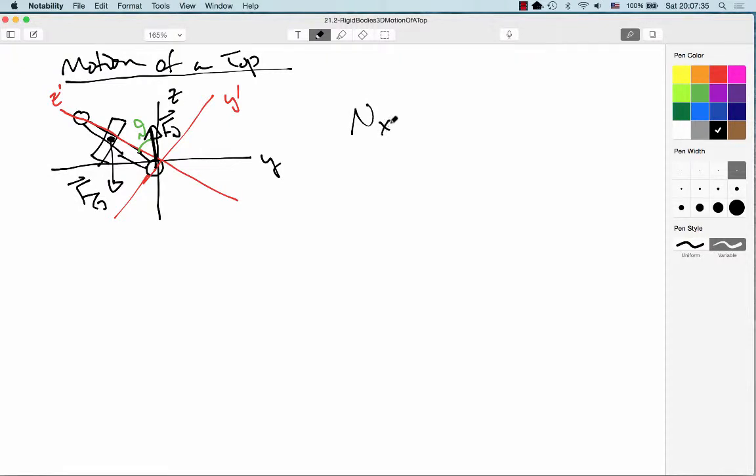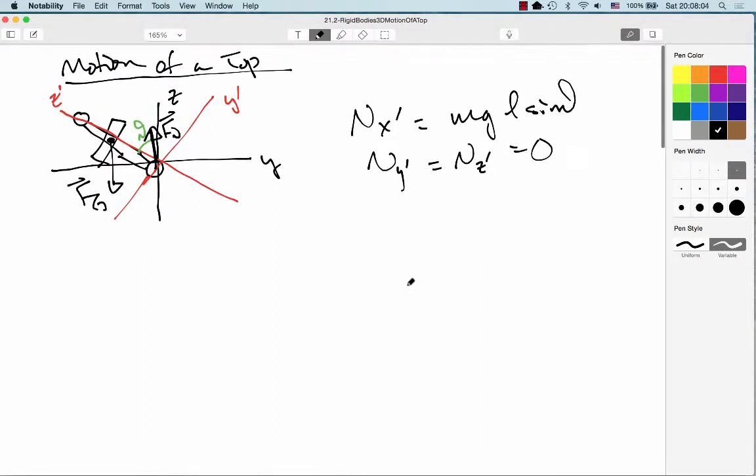So the torque about our x prime axis, which is going out of the page, will be equal to mgl sine theta, where l is the distance from the point of contact to the center of mass. And the torque about the y prime and z prime axes are both 0.